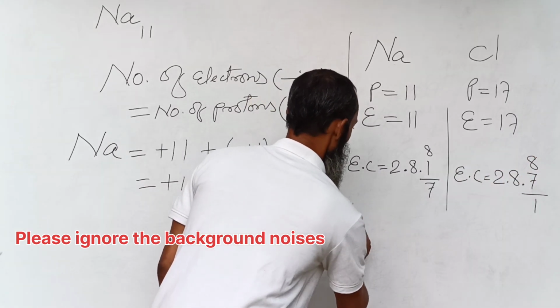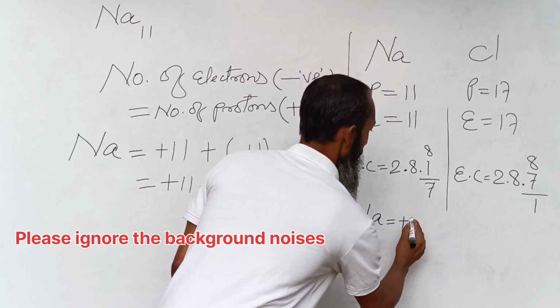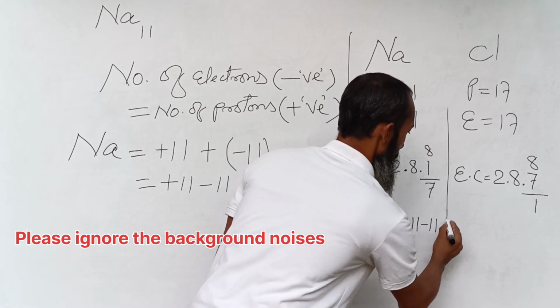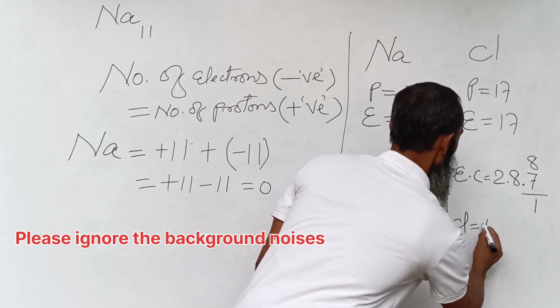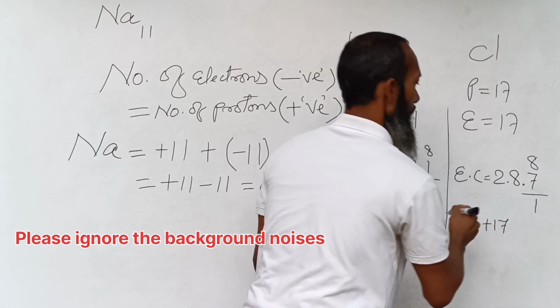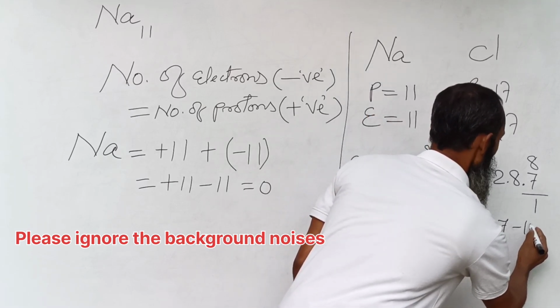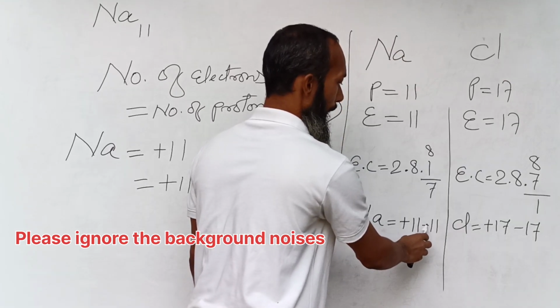So here, for sodium, there were 11 protons and 11 electrons, whereas chlorine has 17 protons and 17 electrons. Protons are positive charge, and electrons are negative charge.